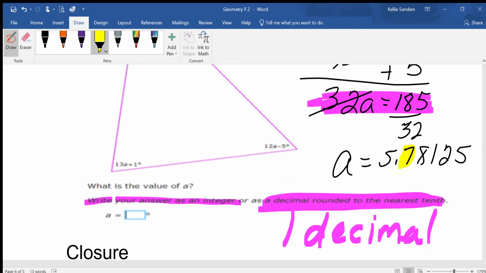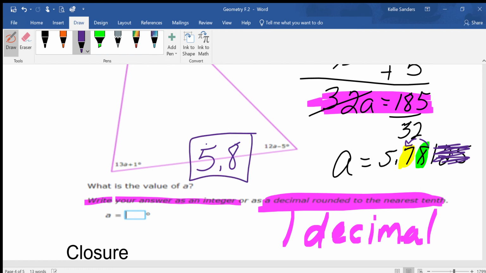It may stay 7 or it may go to 8. How do we know? We look at this number, and all of these numbers don't matter. Is the 8 going to change the 7? Yes. So 5.8, because the 7 goes up 1 more than what it is, and then this 8 isn't part of it.